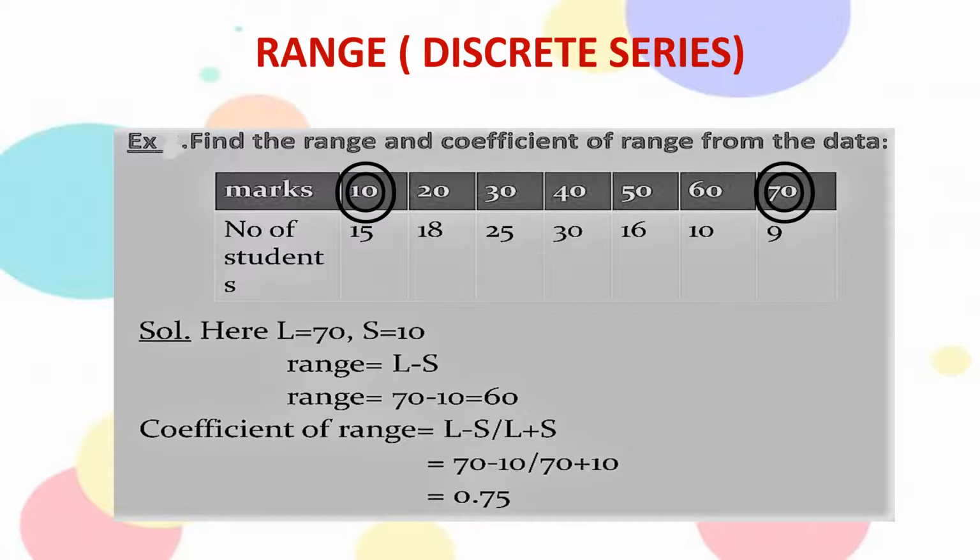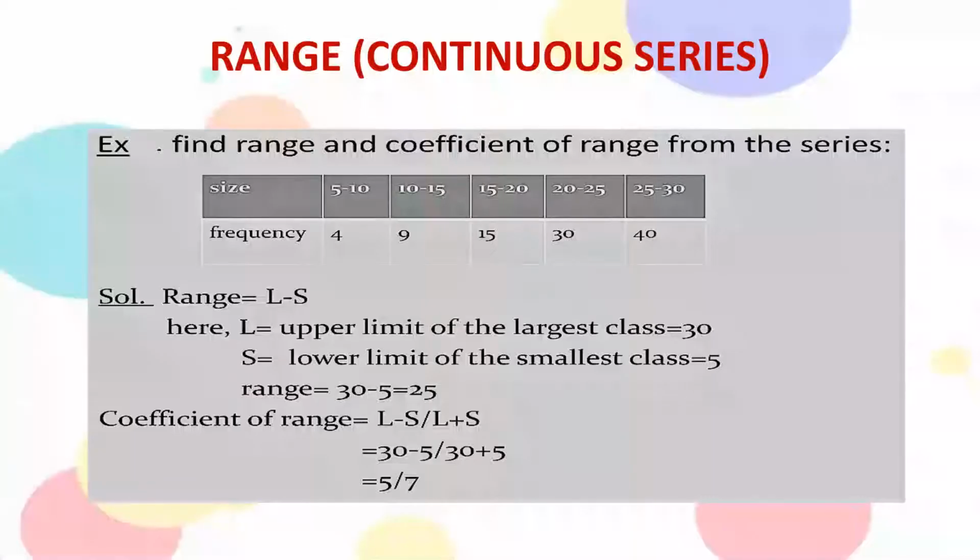The formulas are the same for discrete series to find the range and coefficient of range. Just substitute these L and S values into the formula. In range, 70 minus 10 is 60. And coefficient of range is L minus S by L plus S, as we know, 70 minus 10 by 70 plus 10, which gives you 0.75. This is how to calculate the range and coefficient of range in the case of discrete series.